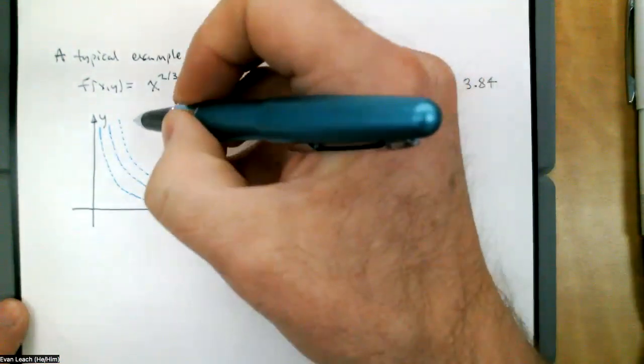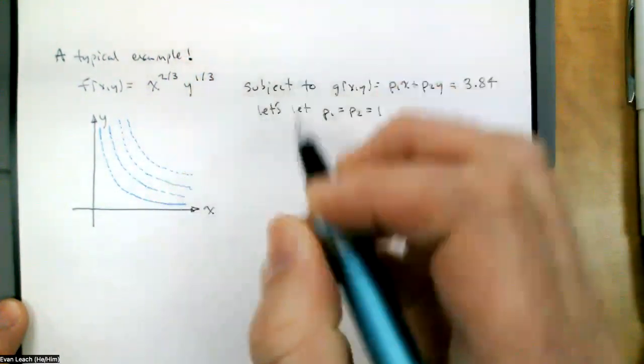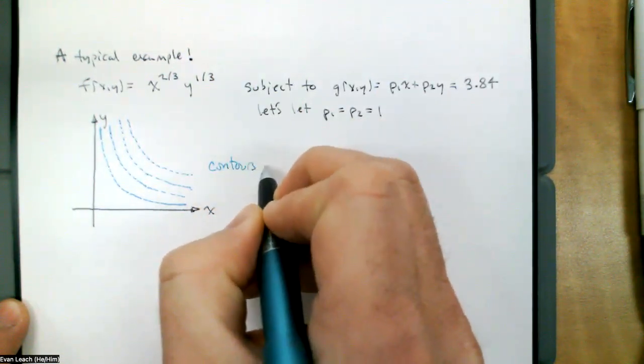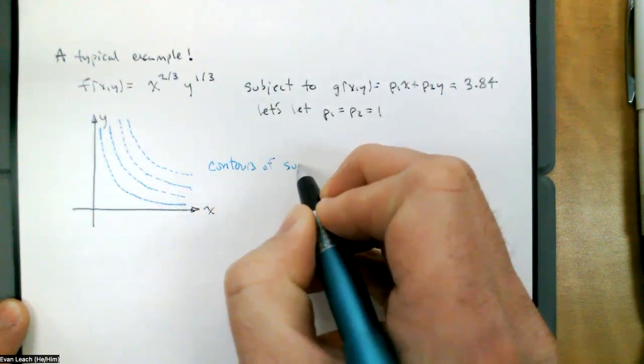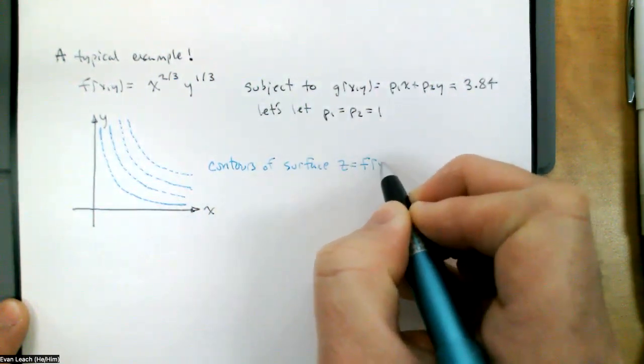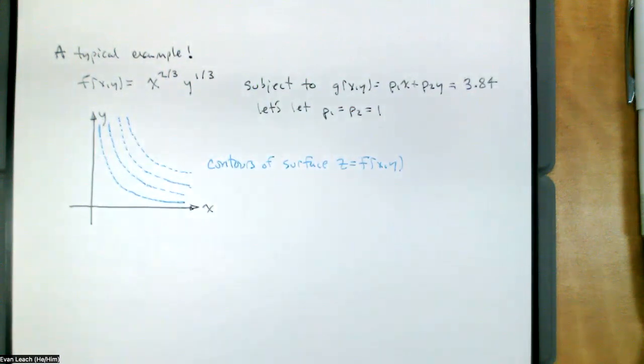So these contours will have to form x to the 2/3 times y to the 1/3 equals some constant.